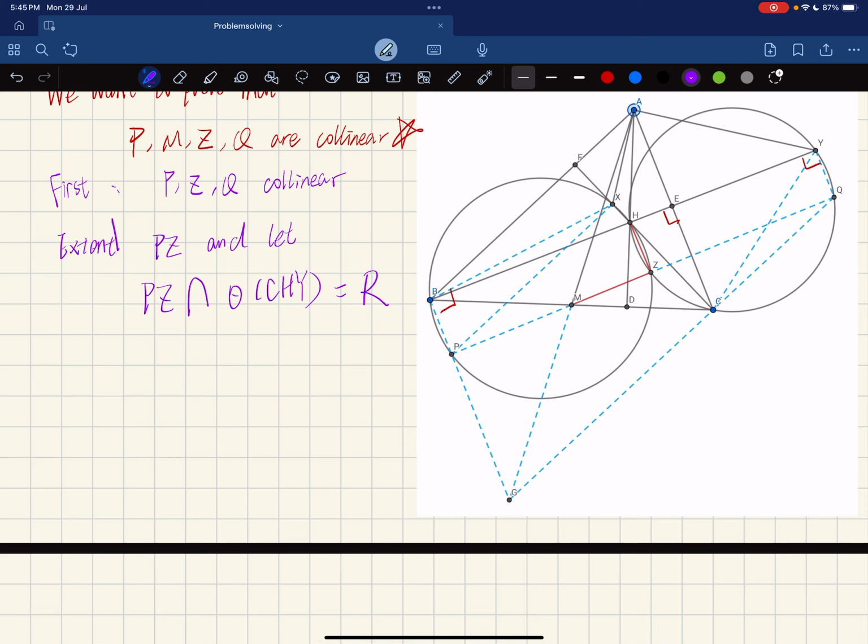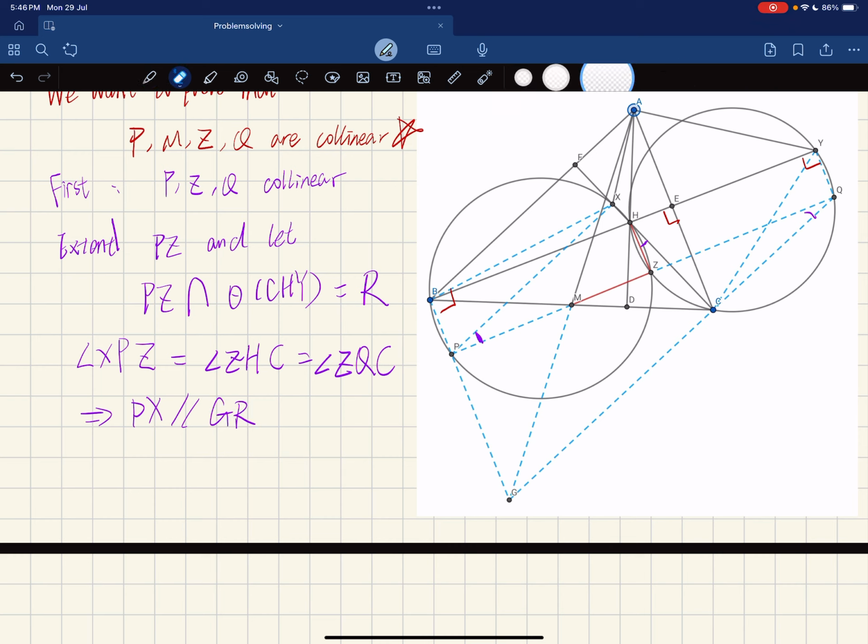We know that we have the angle XPZ, it is here, and equals this angle, equals angle ZRC, and equals the angle QC, which means that PX is parallel to GR.